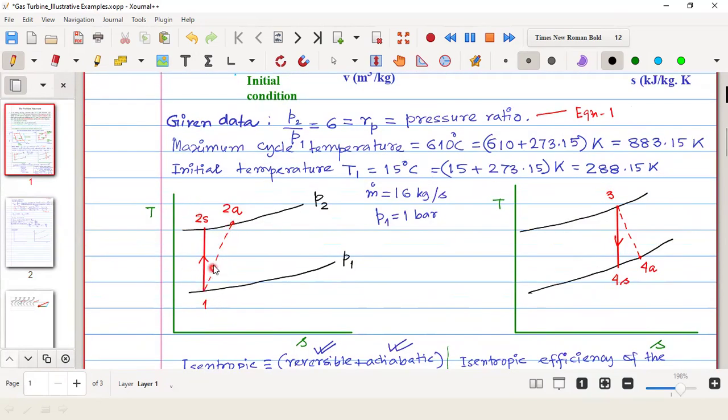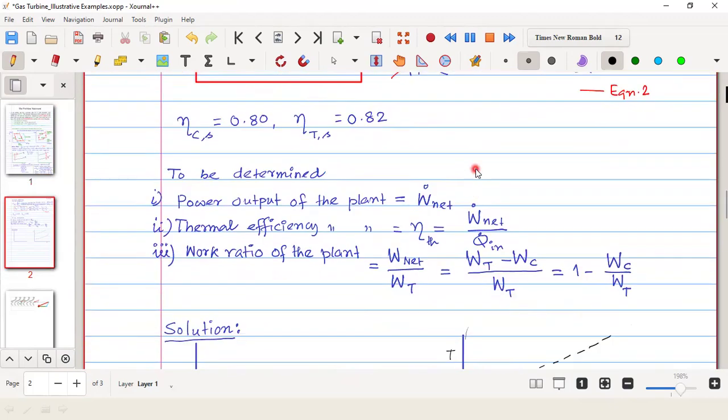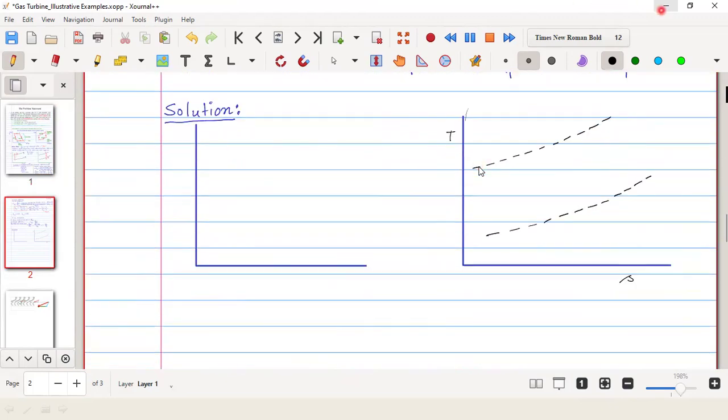That means this will be the actual process now, 1 to 2A. This is the ideal process and the actual process is this.